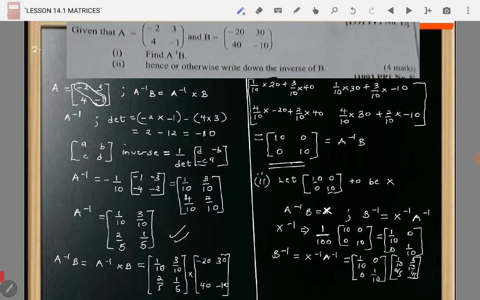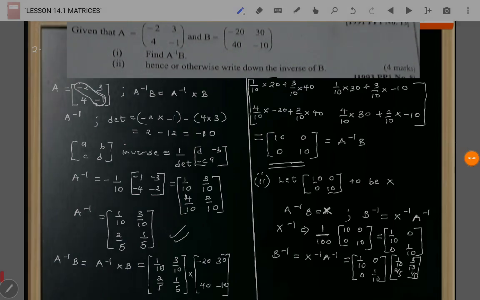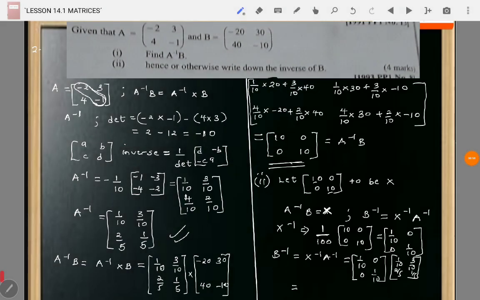This will be equal to B inverse is equal to [1 over 100, 3 over 100; 1 over 25, 1 over 50].